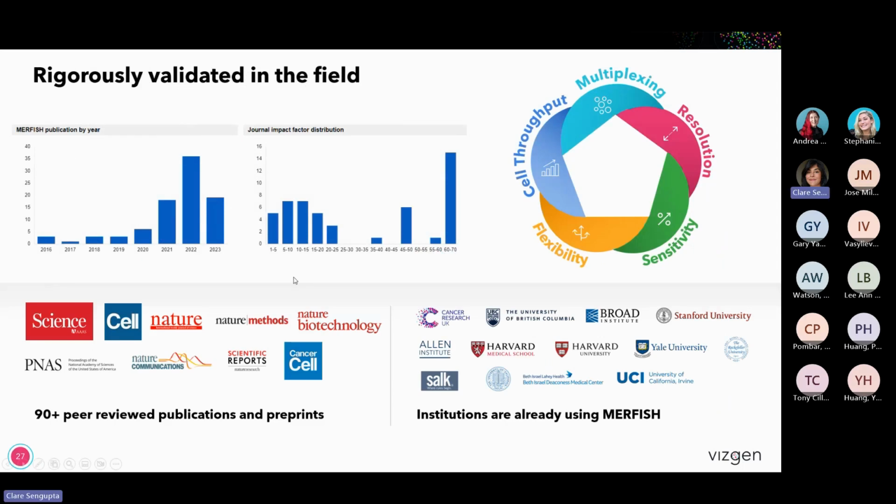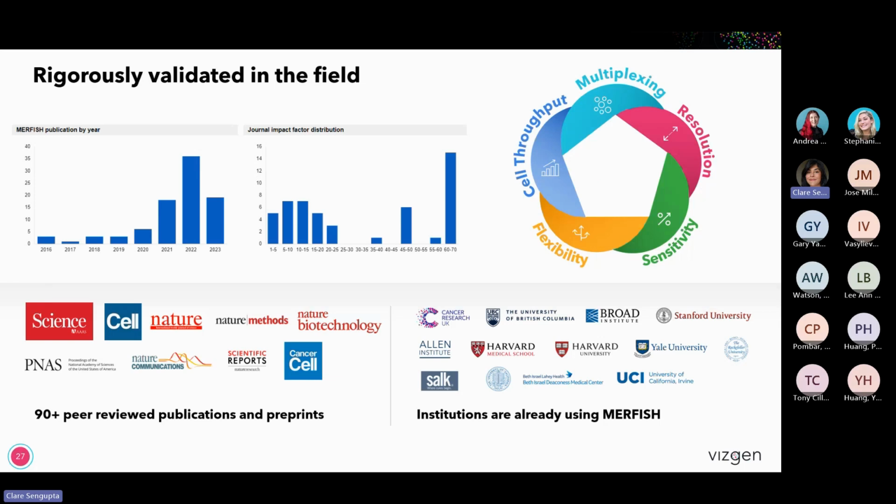And another thing we want to always highlight is that this technology, even though it is cutting edge and very new, is highly utilized in the field already and rigorously validated. We like to point that out because we have over, I think, last I checked, 112 peer-reviewed publications and preprints published on this technology and our platform in very high-profile, high-impact journals, and the institutions that are already using Merfish are very high-profile and impactful institutions that produce extremely rigorously validated studies.